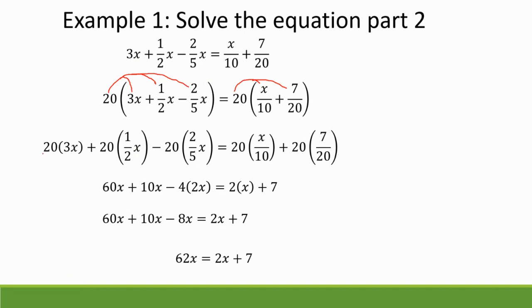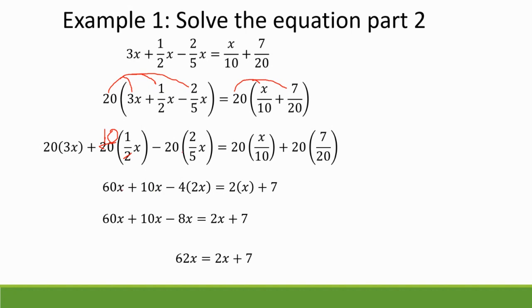So we distribute, that's how we get the third equation from the top here. What ends up happening is there's going to be some cancellation. For the first term, there's no cancellation because there's no denominator there. Here, with 20 times 1 over 2 times x, the 2 goes away, 20 becomes 10. That's how we get 10x below it.